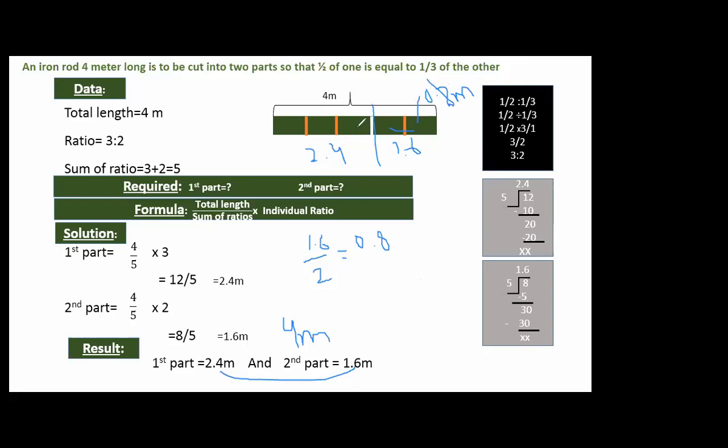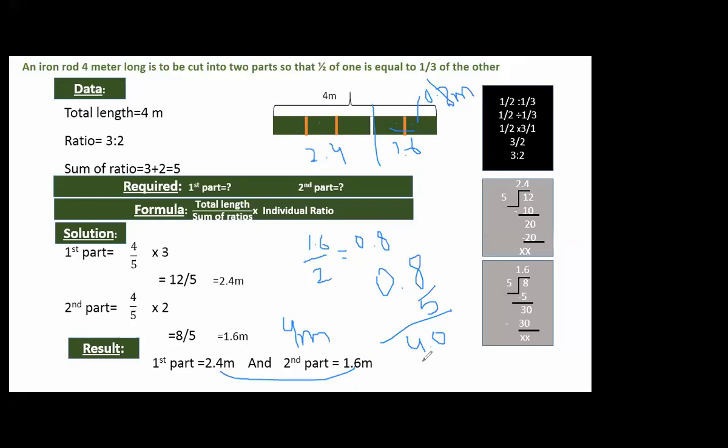1, 2, 3, 4, 5. 5 parts are there. And students, if you multiply 0.8 with 5 parts, because the 5 parts are equal, we get 8 fives are 40, and then we have to put the decimal before one digit.